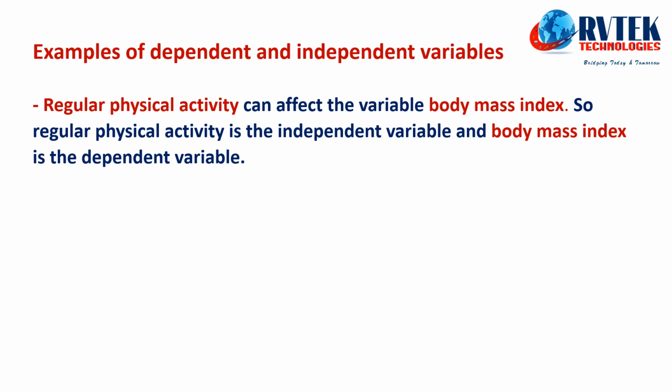Some examples of dependent and independent variables. First example: regular physical activity can affect the variable body mass index. So regular physical activity is the independent variable and body mass index is the dependent variable. Here body mass index is the outcome variable, right? So it is the dependent variable. Regular physical activity is the independent variable.